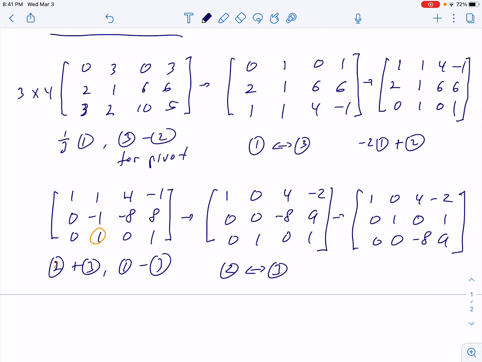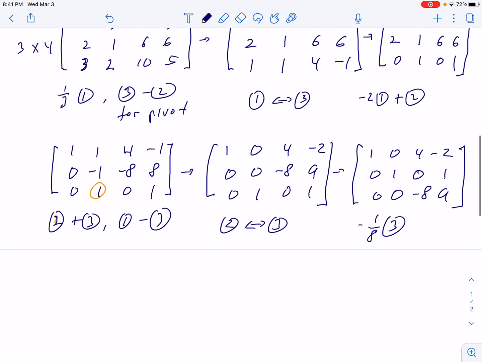Now I have to look at the third column, see what to do. In the third column I don't have a pivot. And the only way to organize a pivot is to divide it by negative 8. Because I cannot use the entry 4 in the first row. The pivot in the first row will destroy zeros below.